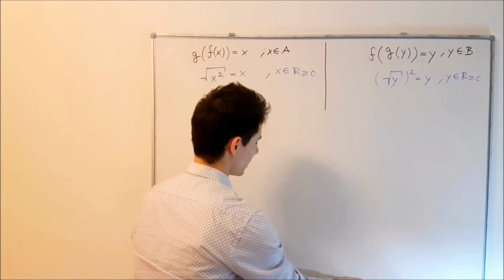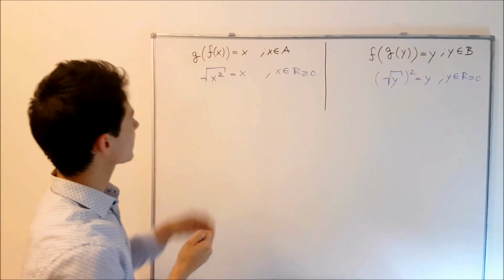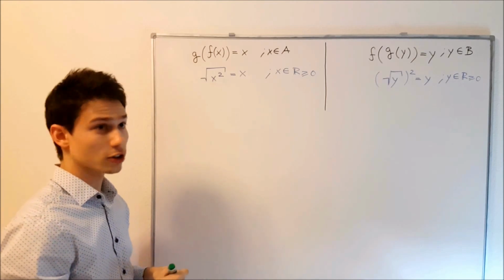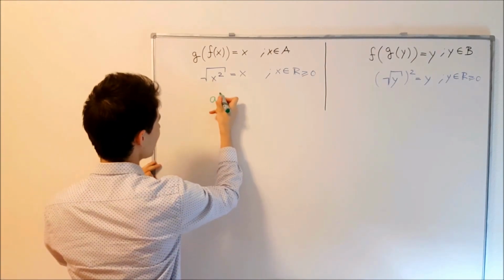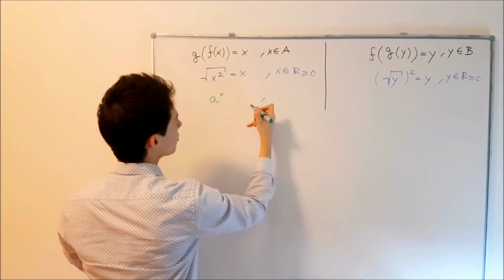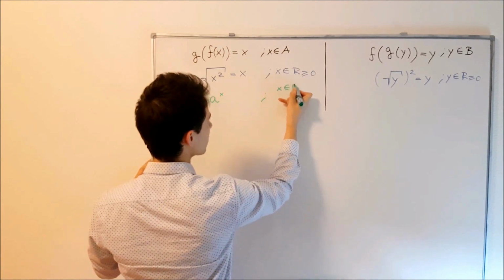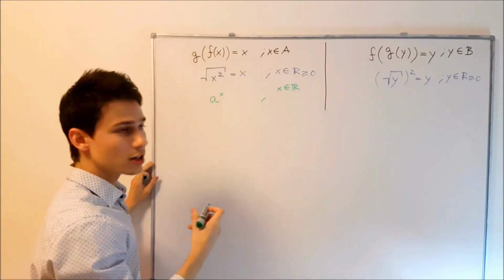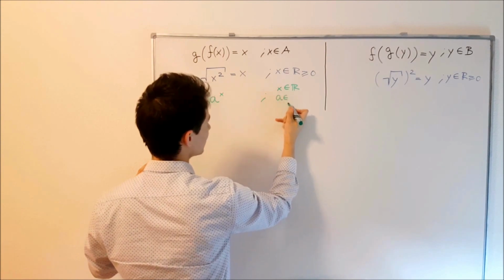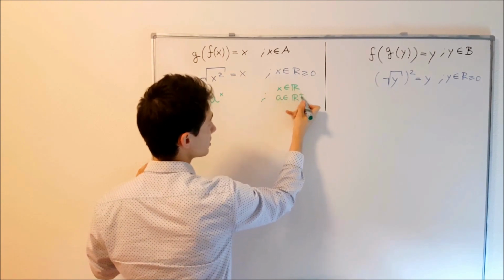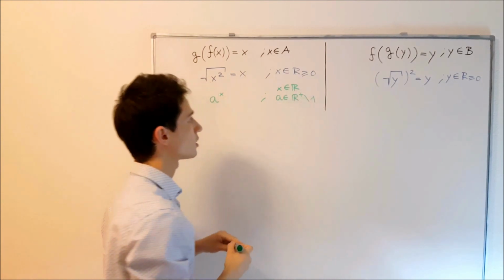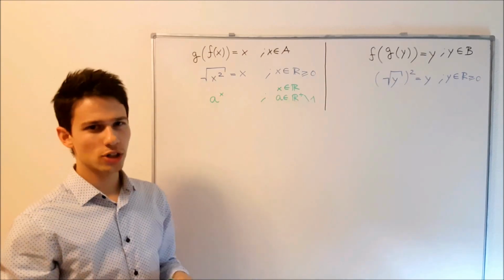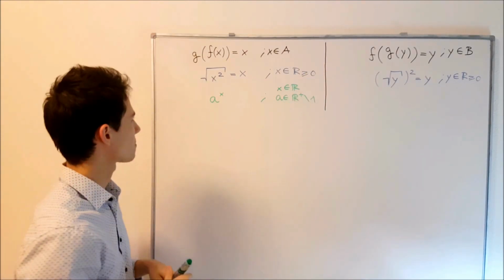Now let's try if f of x was an exponential function, so a to the power x, where now the argument x can be any real value, but we have a restriction on a which says that it should be real but positive and not equal to 1. If you don't understand these restrictions, check out this video up here.